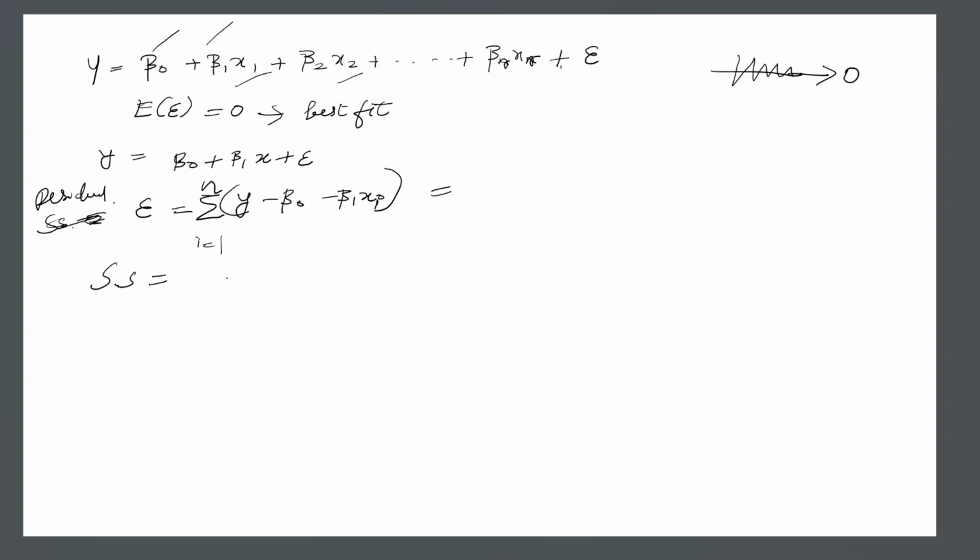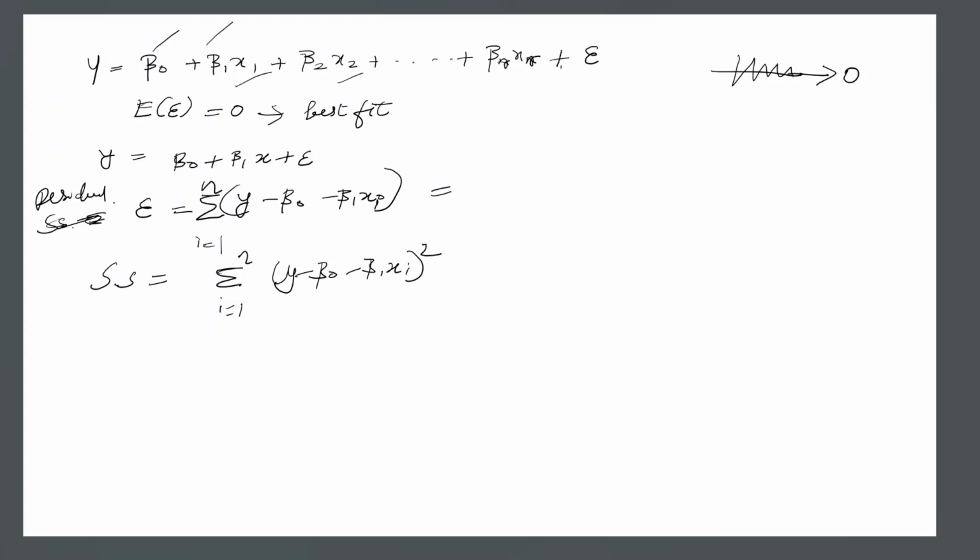So the sum of squares can be given by the summation from i equals 1 to n of yi minus beta naught minus beta 1 xi, whole square. Now our aim is to reduce the sum of squares, so minimizing is the criterion.